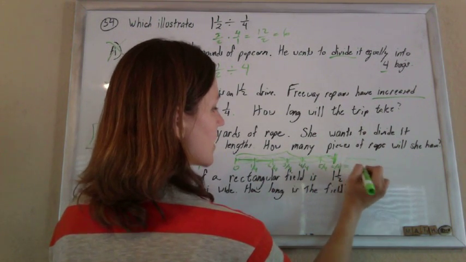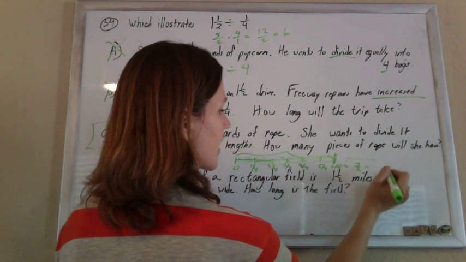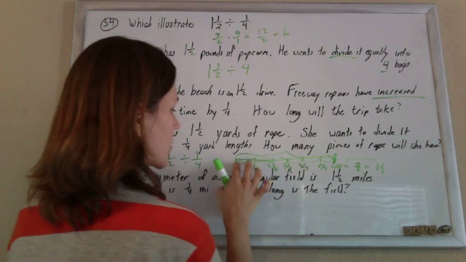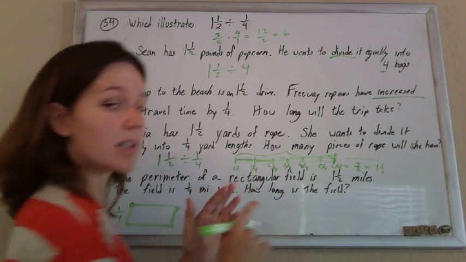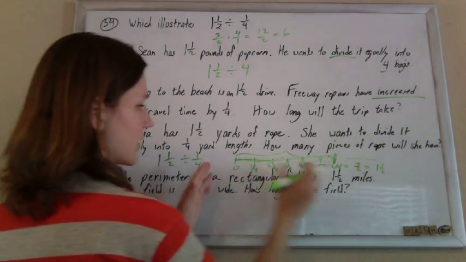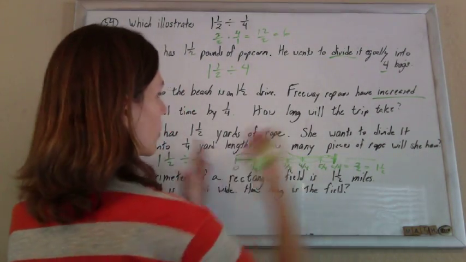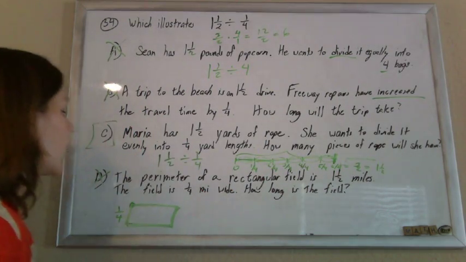And 6/4 is the same thing as 3/2, which is the same thing as 1.5. So those 6 quarter-yard pieces do give her a full 1.5 yards. So that's looking really good.